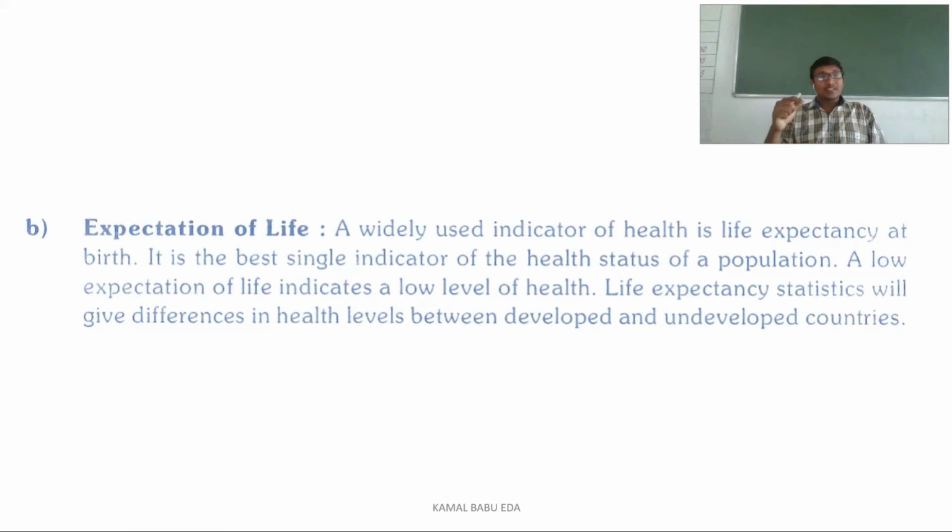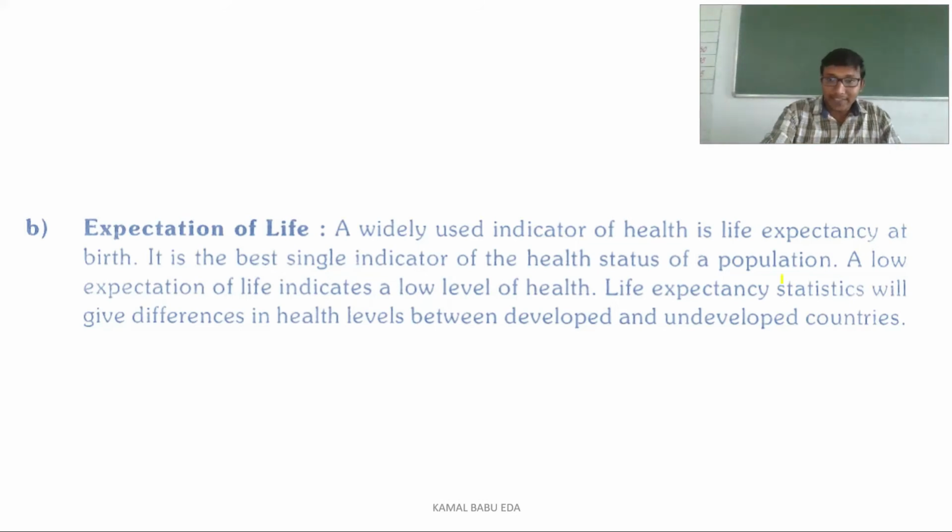Next we'll see the expectation of life. The expectation of life is a widely used indicator mainly to show us the life expectancy. Life expectancy at birth is the best single indicator to show the health status of the people. If a low expectation of life is indicated, it shows a low level of health, and if a high life expectancy is shown, it indicates a high level of health.